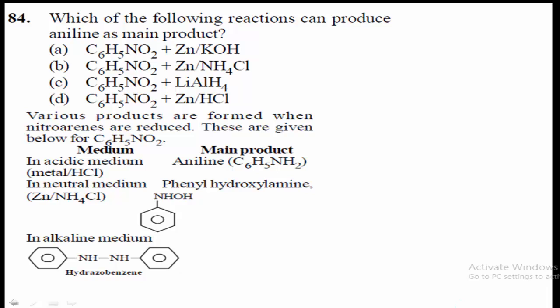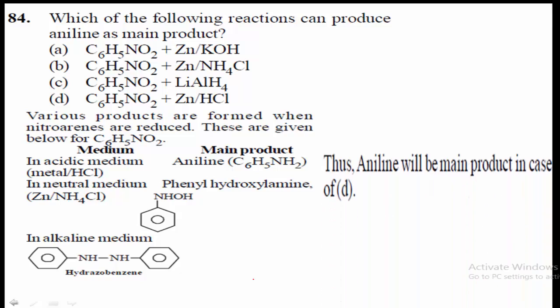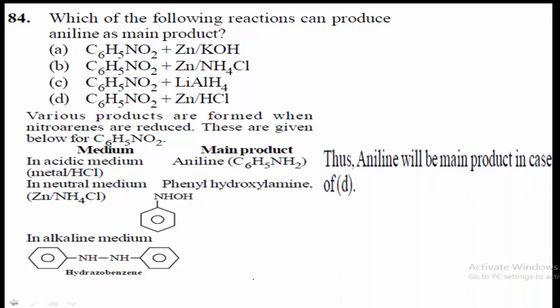In acidic medium, main product will be aniline, that is metal plus HCl, and in neutral medium, phenyl hydroxylamine is the main product, and in alkaline medium, hydrazobenzene is the main product. Now metal plus HCl is given, which gives the major product, that is aniline. Therefore, aniline will be main product in case of D.